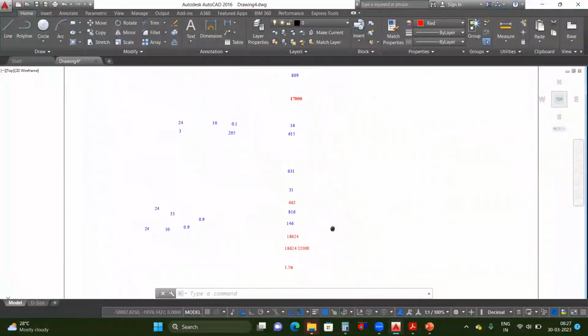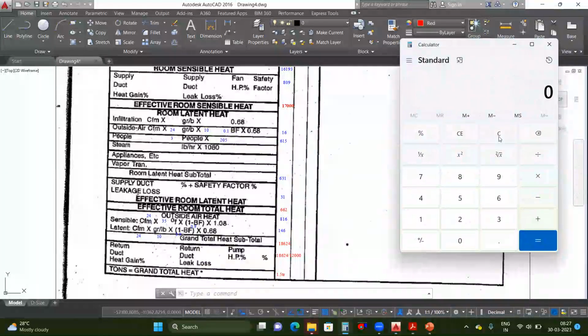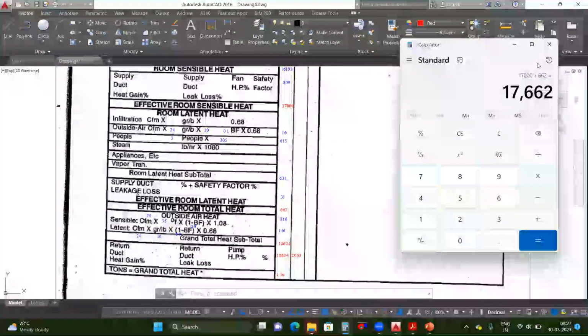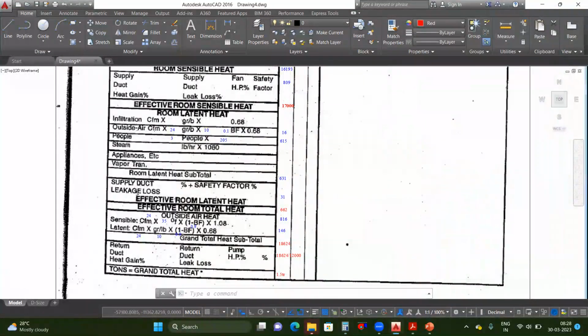So I will add this total heat, that is 17,000 plus 662, we'll get 17,662. Remember that we don't take the total heat value including this outside air heat. So we need to take it without the outside air heat, that is 17,662.